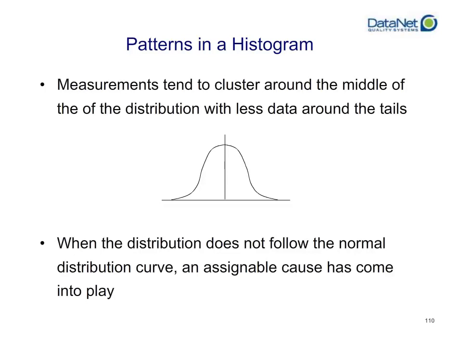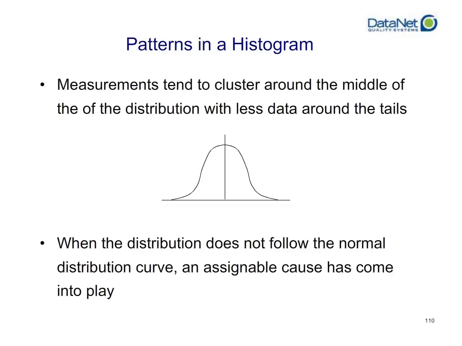Now with a control chart, patterns or non-randomness is generally considered a bad thing. It is something that you're going to need to investigate and try to get out of your system if at all possible, because that is a source of variation that you usually have the ability to control.